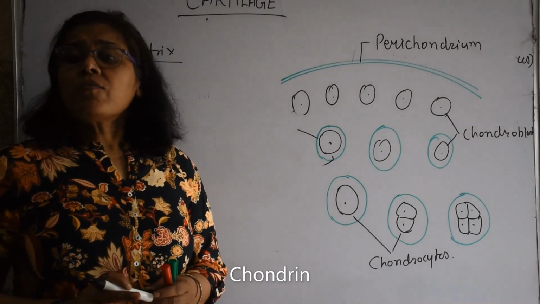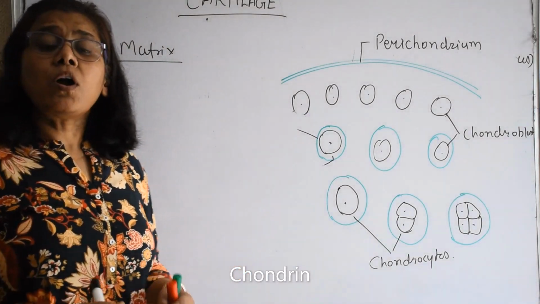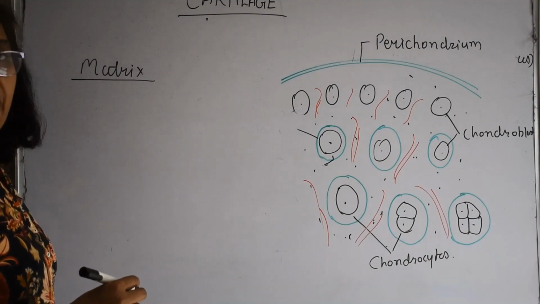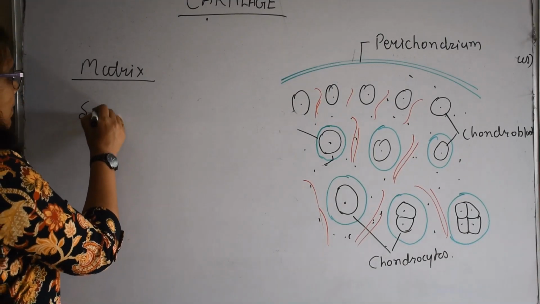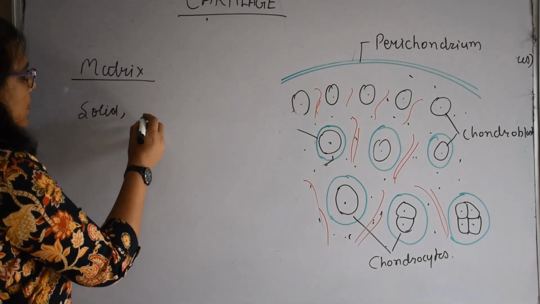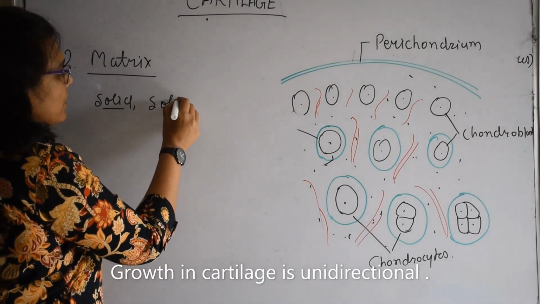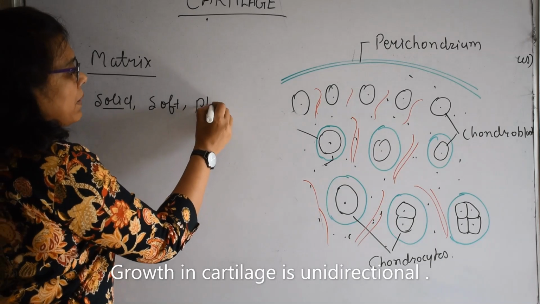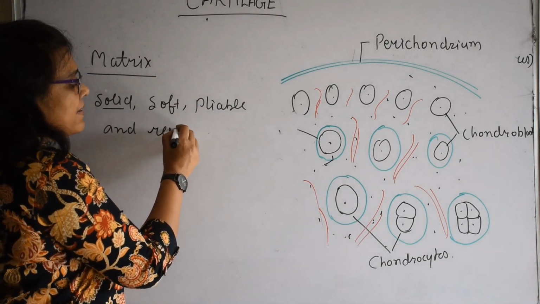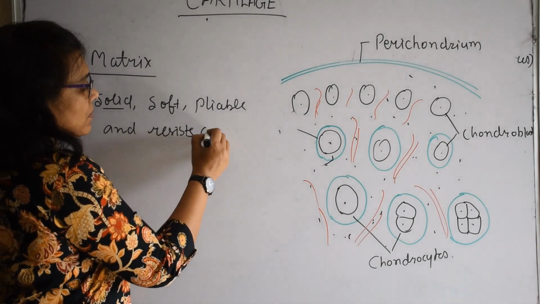The matrix of cartilage is also called chondrine, and it is solid, soft, pliable, and resists compression.